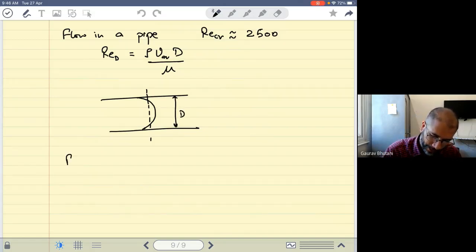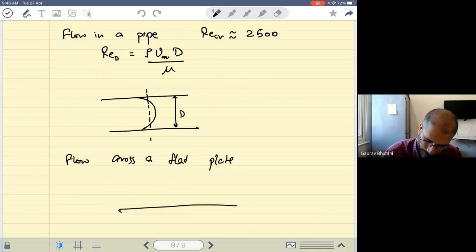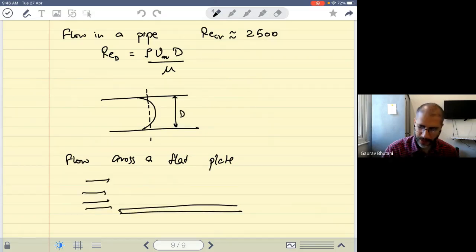Now, if you have a flow across a flat plate, that is, you have a plate like this and the flow is happening, as soon as the flow experiences the plate, there will be some friction and a boundary layer will start developing.